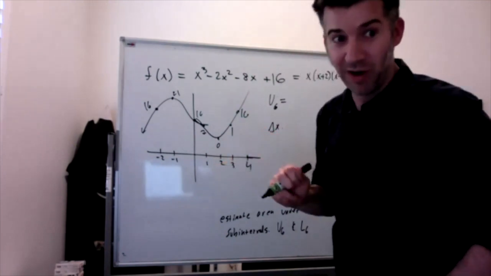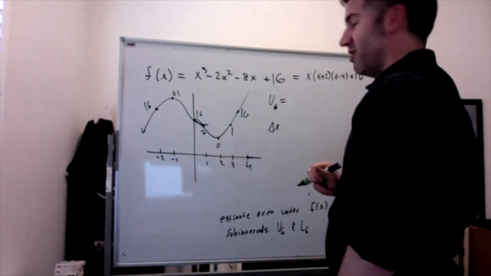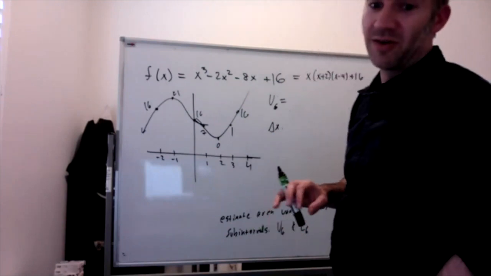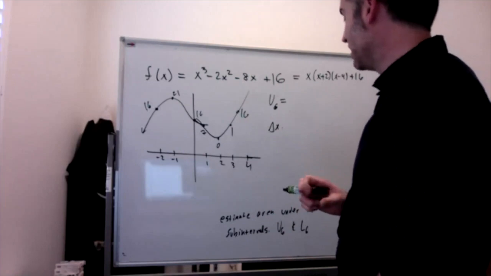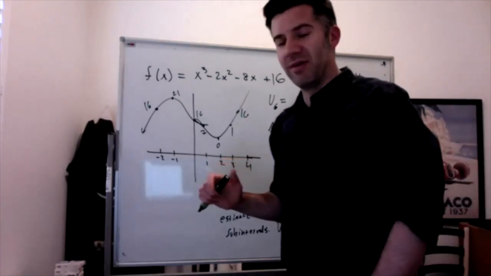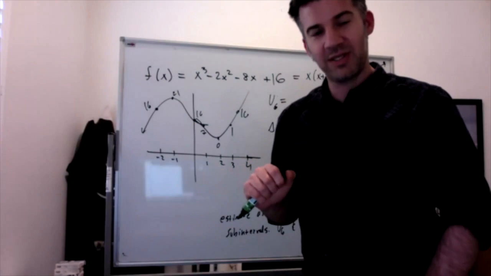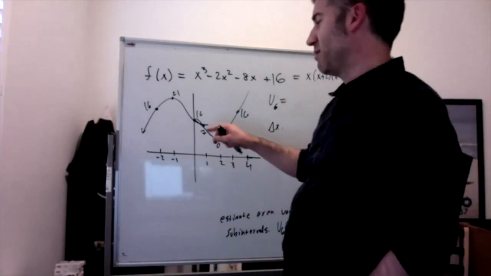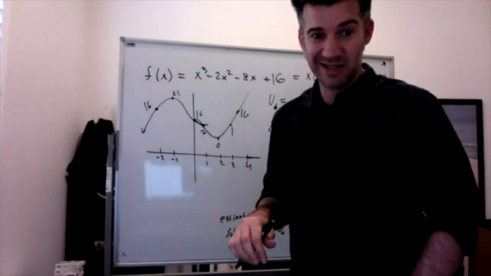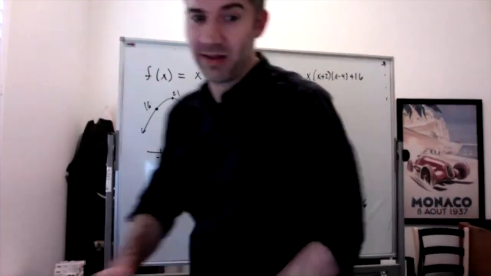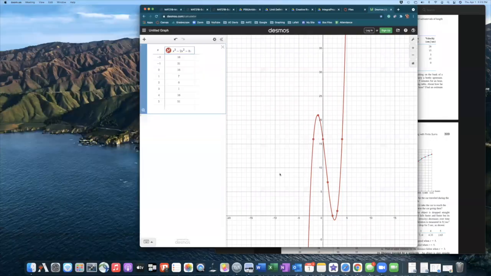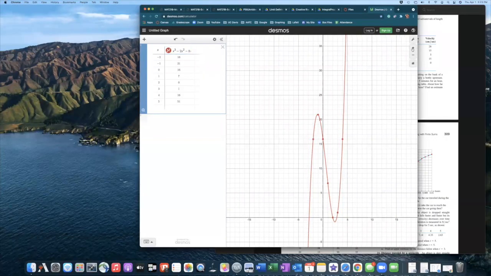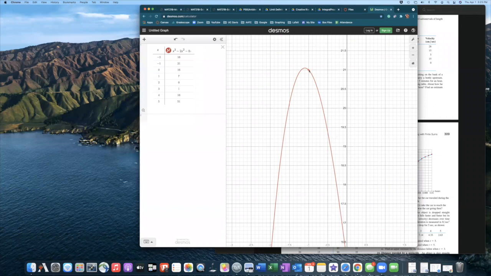And we have another problem. And here's the real problem. If you're truly wanting to use the upper sum, you have to find the point in each interval which is the highest. And if you look back at the graph for a second, that point right there, that's not the highest point.